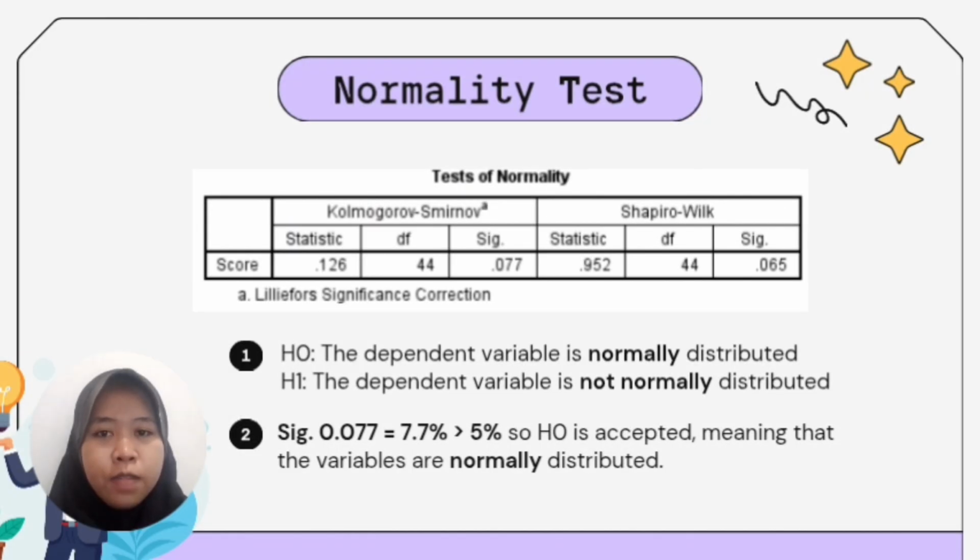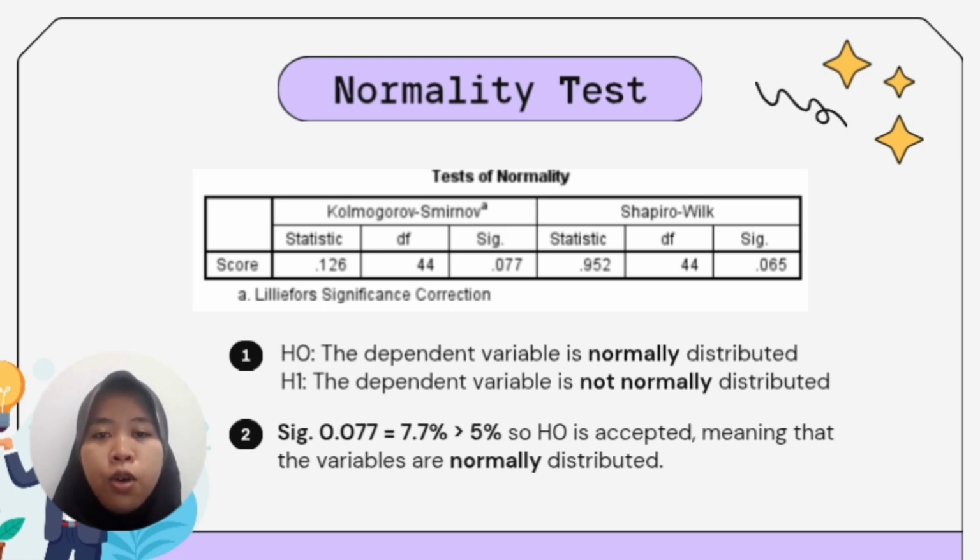How do we write the interpretation of the output in SPSS? First, from the normality test, we write the hypothesis of normality. H0 is the dependent variable is normally distributed, and H1 is the dependent variable is not normally distributed. We set alpha at 5%, and we look at the SPSS output. Since we have data less than 50, we use Shapiro-Wilk, and we look at the significance column.